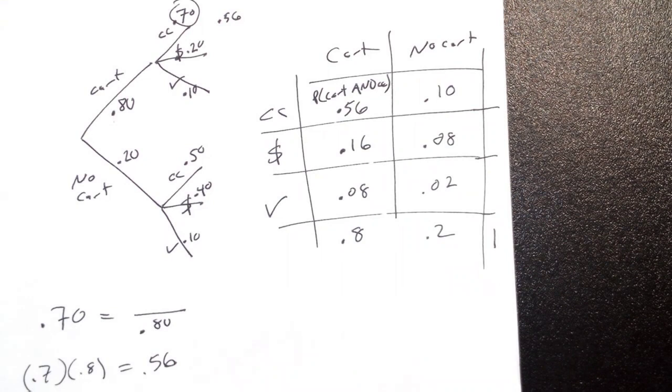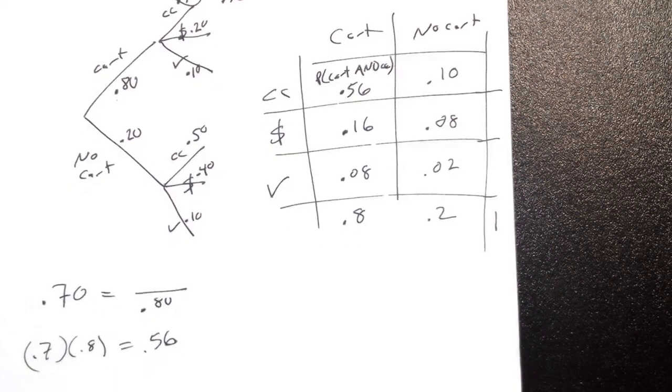I was able to get information not in evidence by working out this tree diagram and or the corresponding table. Oh, I like it. Questions?